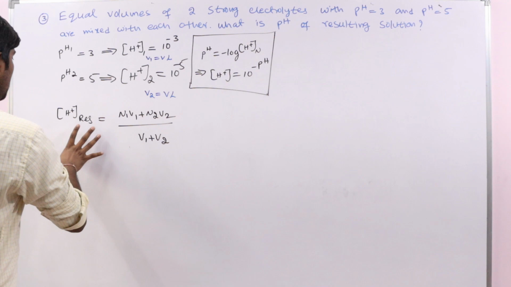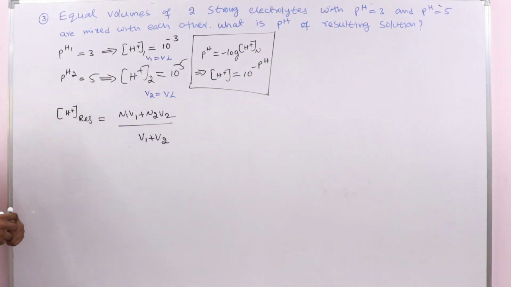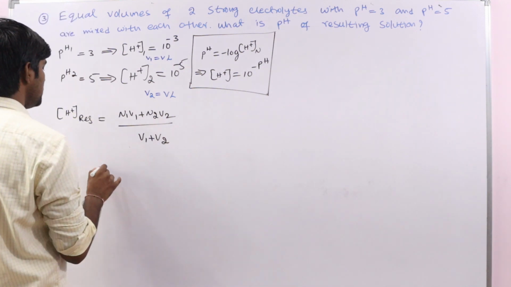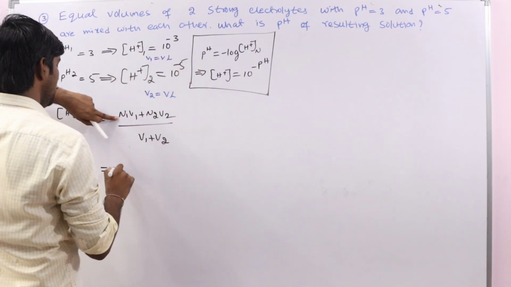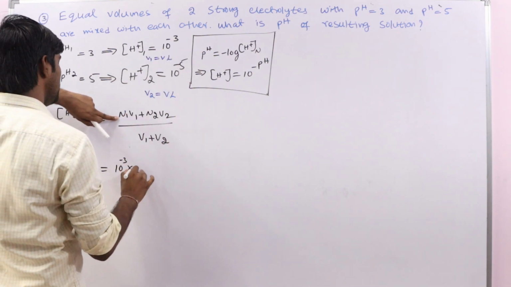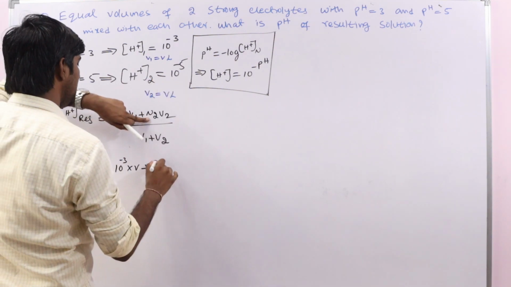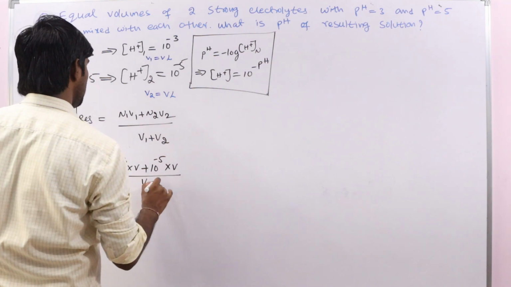So here H plus ion resultant concentration, this is the formula. Now substitute here given values. N1 is equal to how much? 10 power minus 3 into V, plus N2 equal to 10 power minus 5 into V, by V plus V.